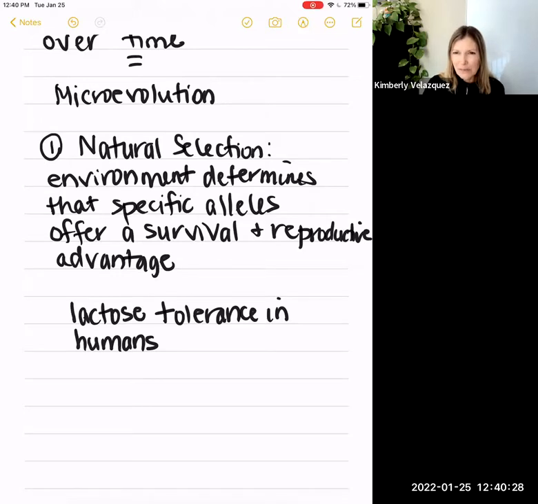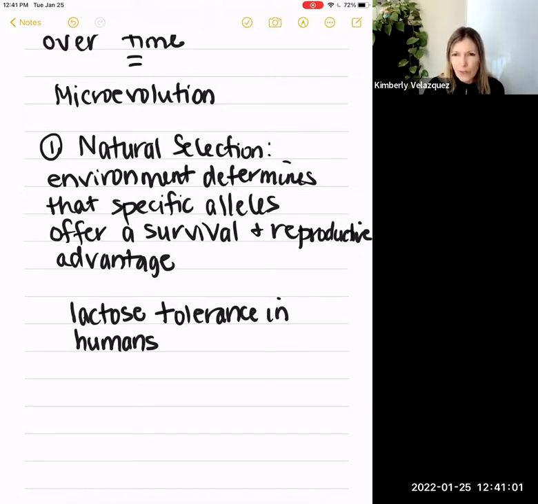If you can digest milk as an adult without getting any gas pain or any other digestive issues, you have a gene mutation that allows that to occur. That is not the normal human genetic condition. And yet it's somewhat prevalent in humans, especially humans of Northern European origin and certain regions of Africa. If your ancestors are from either of those places, then you are likely able to digest milk as an adult.